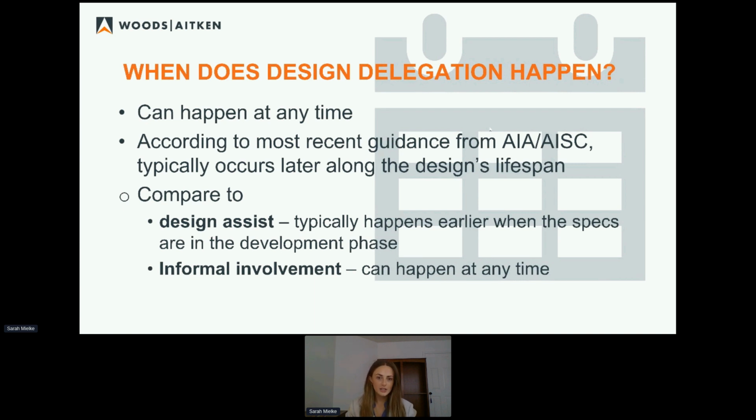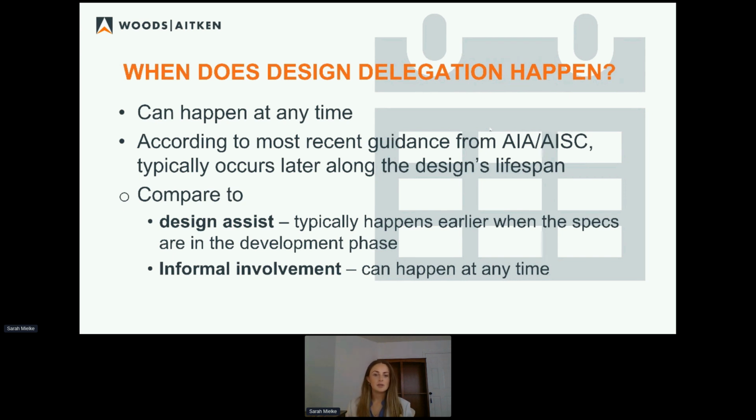So design delegation can happen at any time, but according to that most recent guidance from the AIA and the AISC, design delegation is more likely to happen later in the project. This is compared to design assist and informal involvement. Design assist typically happens earlier when the specifications are being developed, and informal involvement, I guess, could really happen at any time.